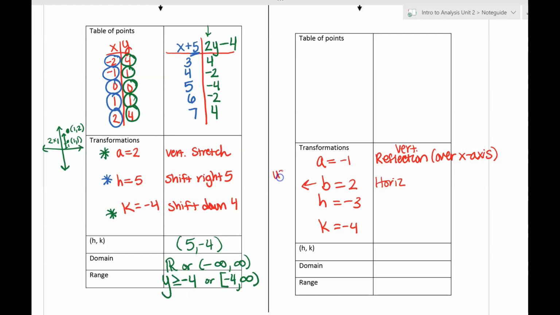But remember, in our investigation, we saw that with the b value, it's kind of like the h, it's a little confusing. We actually use the reciprocal to see what change is happening on the graph. So even though the b value is a 2, we're going to be multiplying things not by 2, but instead by 1/2. When you multiply them by 1/2, it makes them smaller, so we would call this a horizontal compression.